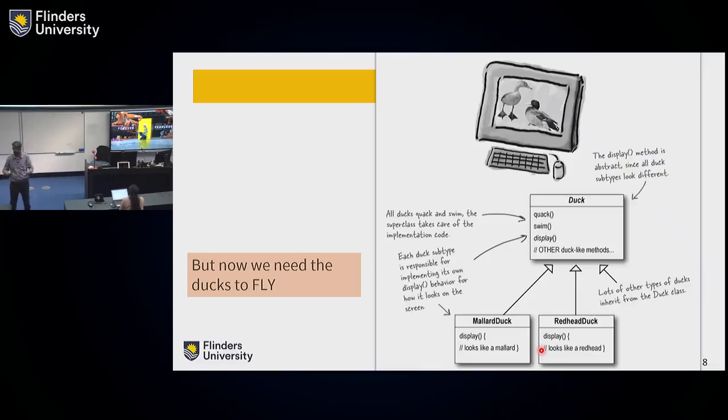A university using an LMS has an environment, and if something changes in the environment, the LMS needs to be updated. That environment brings challenges for the software engineer to accommodate new changes. So a change comes in: your simulation app is excellent, we can see the ducks swim, they quack, and each has a different appearance, but now we want them to fly as well. This is a requirement. So what do we do now?